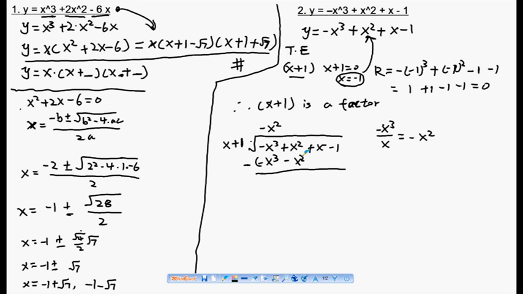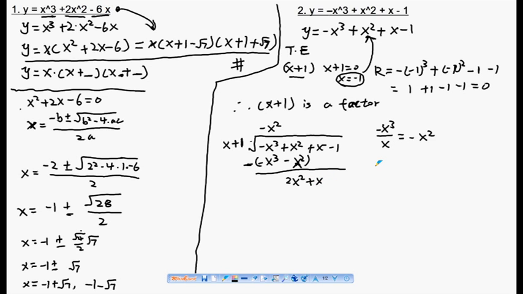Taking the top function minus the bottom function gives 2x squared. Two minus signs make a positive sign.